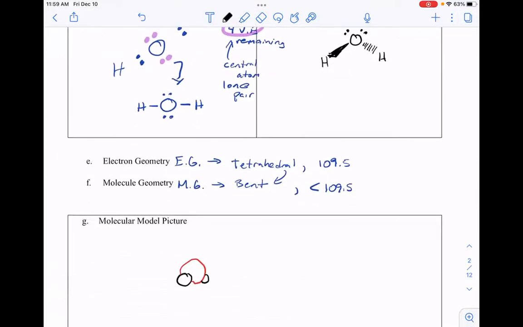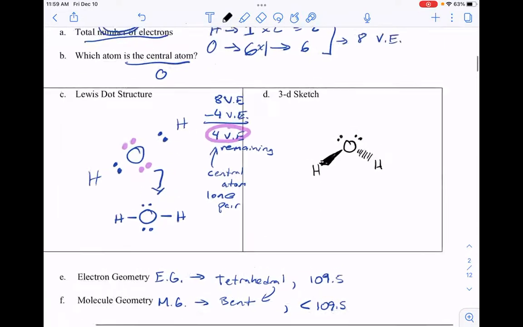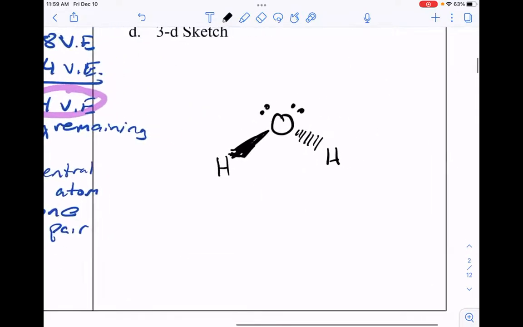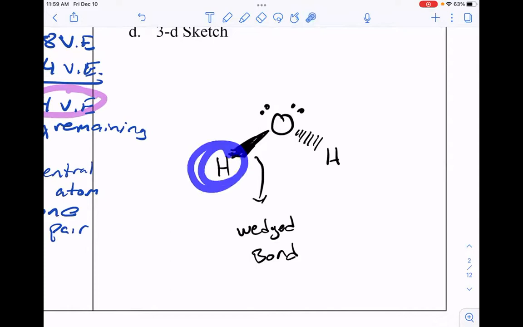Why did you do the lines instead of, like, why did you do a shadow looking thing in the lines? Oh, so this is known as a wedged bond. So wedged bond means that the atom that it's connected to is going to be above the central atom.